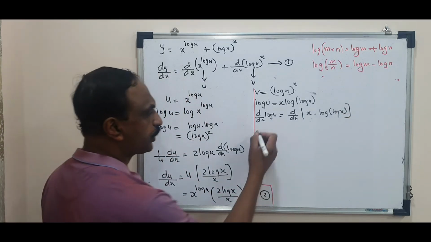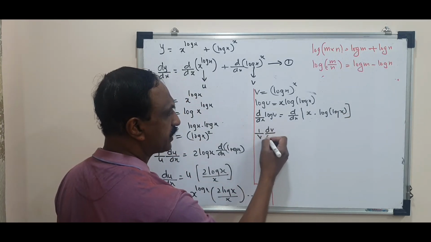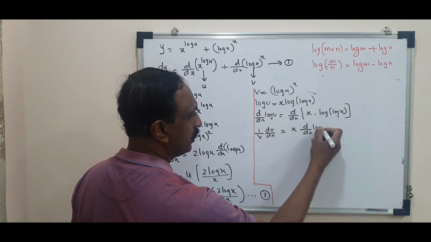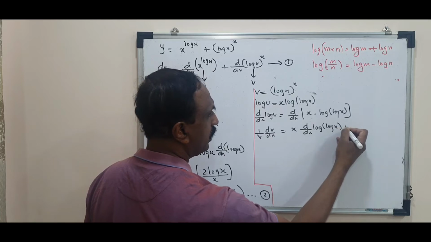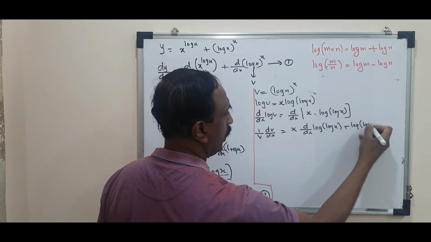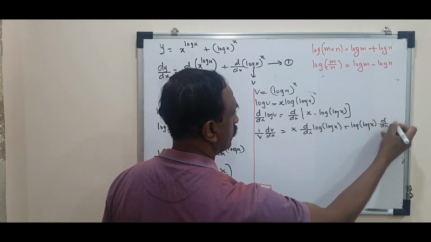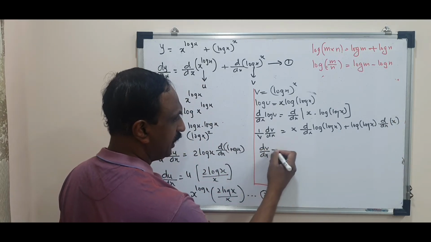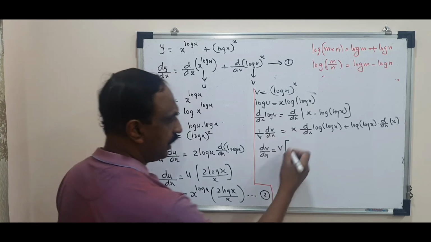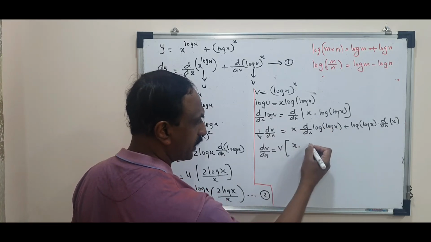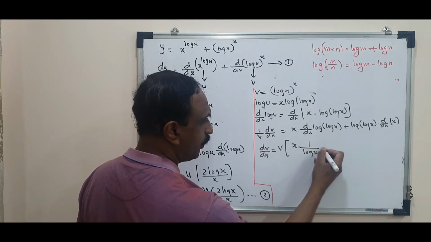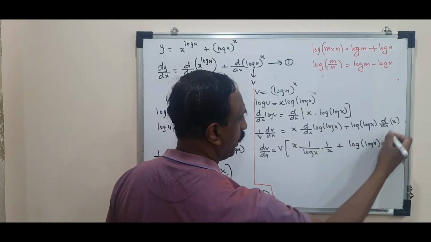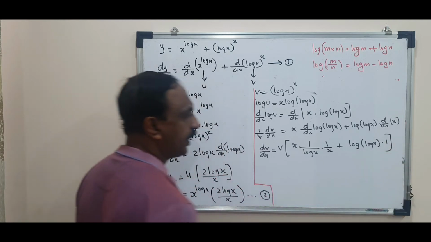Now I need to apply product rule. So 1 by v dv by dx is x into derivative of log x, plus log of log x into derivative of x. So I can write dv by dx is v times x into derivative of log x, 1 by log x into derivative of log x, plus log of log x into derivative of x, that is 1.